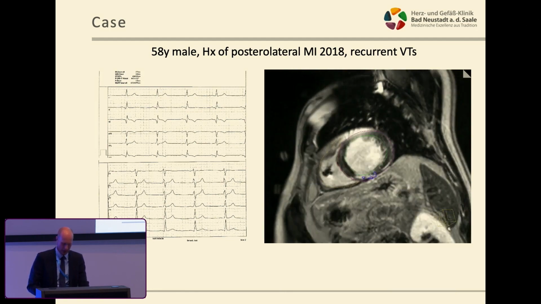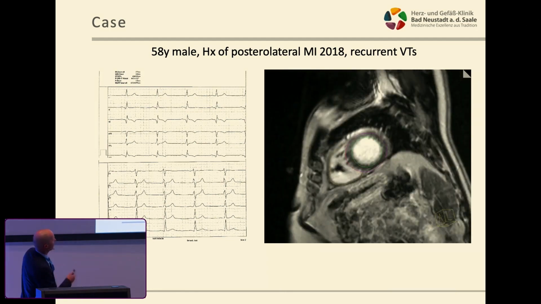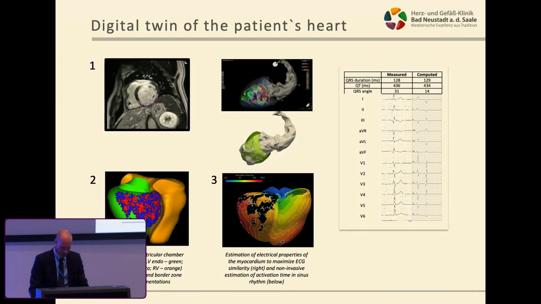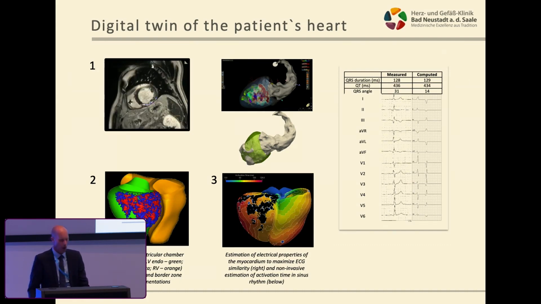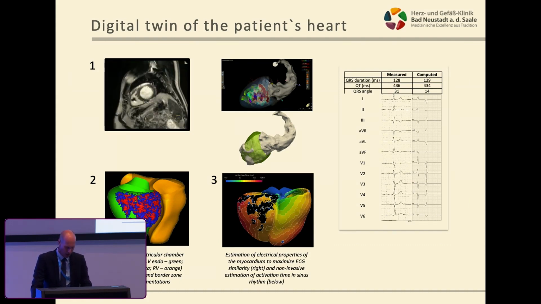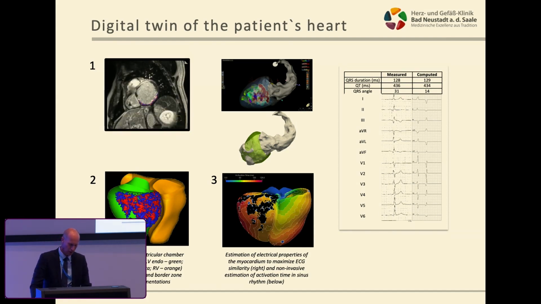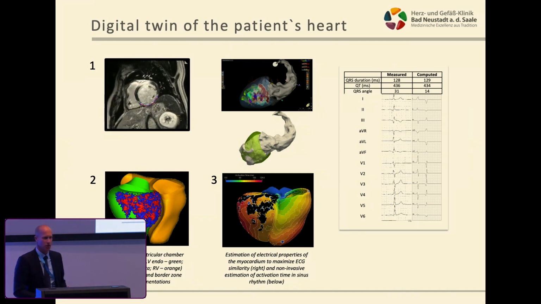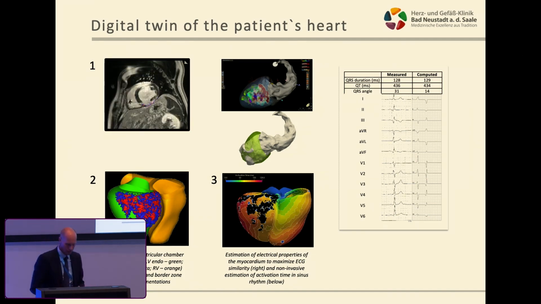And this is the cardiac MRI. In this digital twin model, there is an automated segmentation of scar of the left ventricle, of the right ventricle, of the endocardium, of the epicardium.